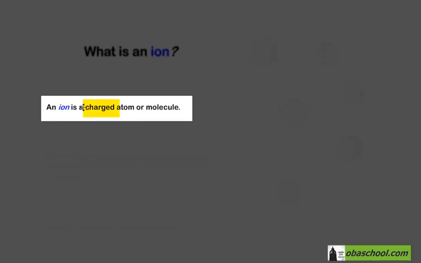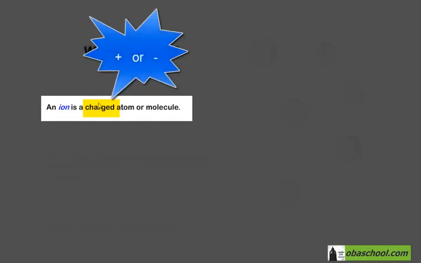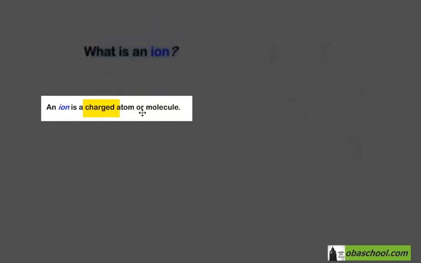So it's charged, and this means that it has an electrical charge. This electrical charge can be either positive or negative. Positive is expressed as a plus sign and negative is expressed as a minus sign.